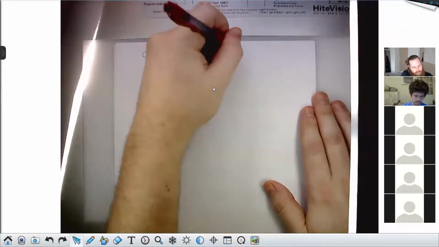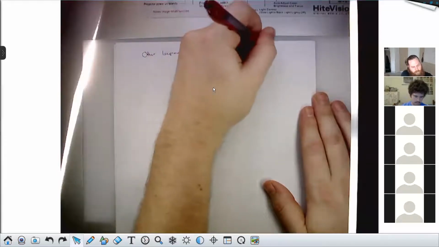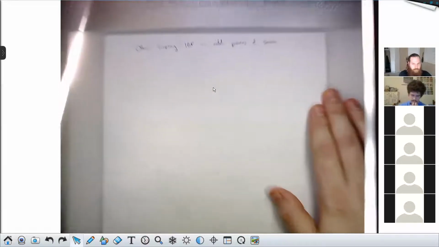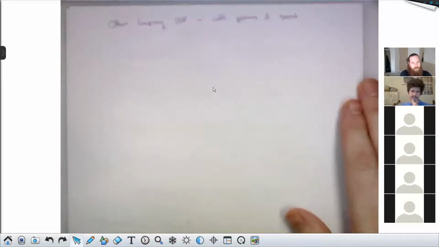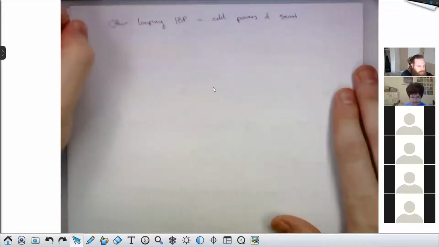But secant itself, we need to know how to integrate as a non-looping thing, because this is one of our base integrals that we'll be doing the higher powers in terms of. So the first kind of prerequisite for this is secant itself.